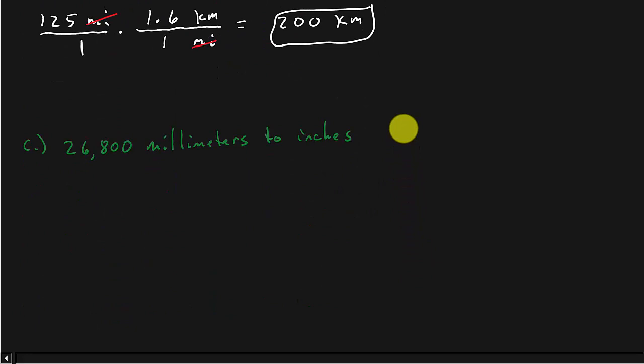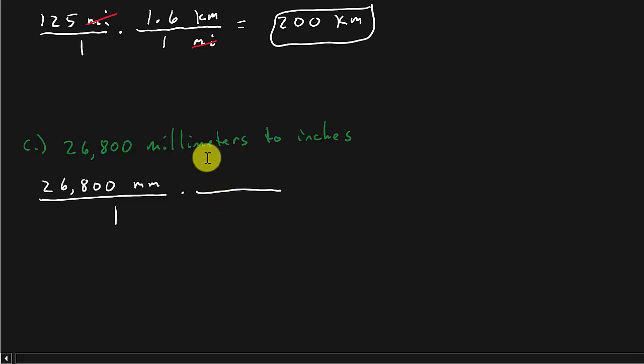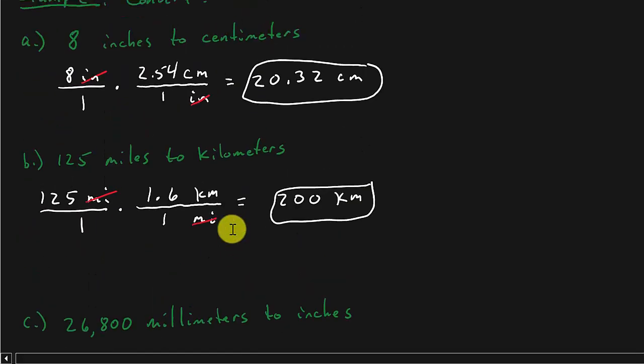All right, so what about this one? Millimeters to inches. So let's go ahead and write that down, 26,800 millimeters, and I'm going to put that over 1. And I want to go to inches. So let's go up here and see if we have millimeters to inches.